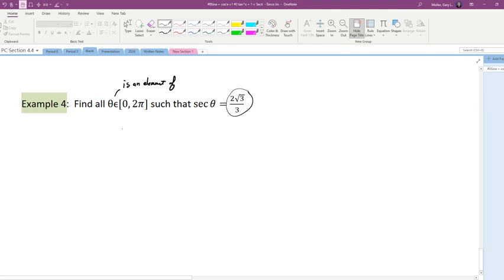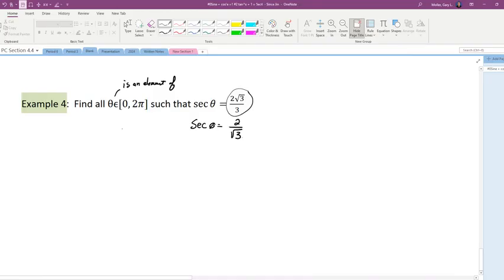So what I'm going to do is look at this and really think about what this is telling me. I'm recognizing this is a rationalized answer, so I'm going to unrationalize it, or view what it said before it was rationalized. This is 2 over square root of 3.